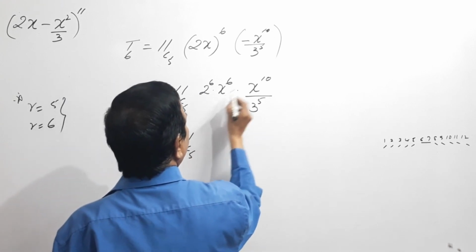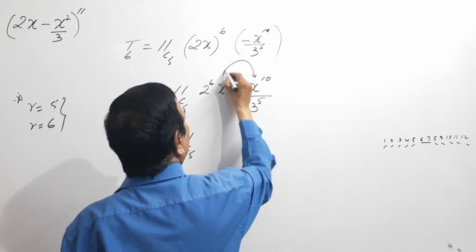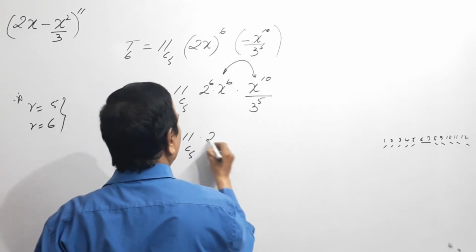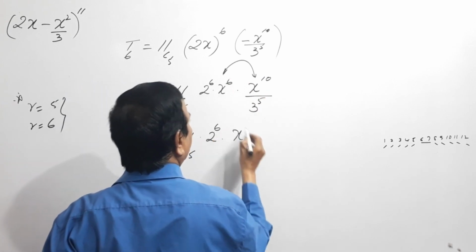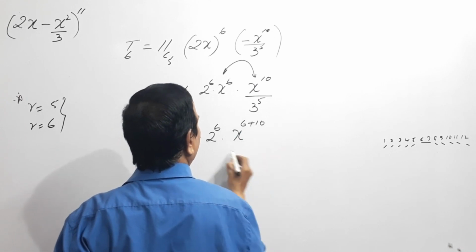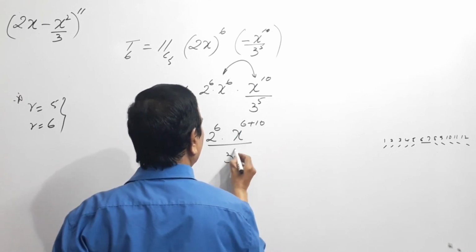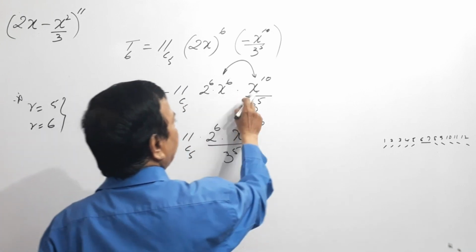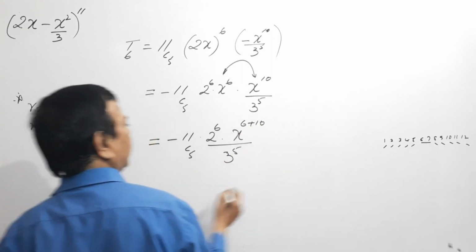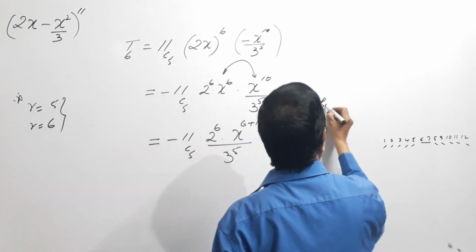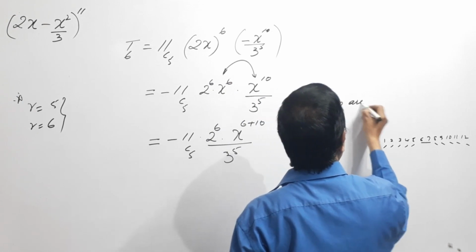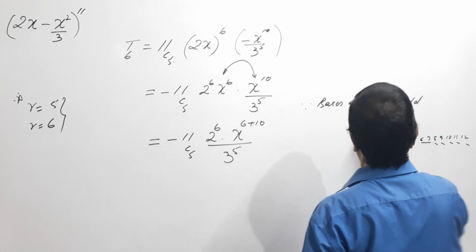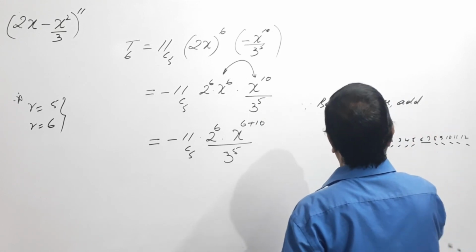You see these two numbers, the bases are the same, so add the indices: x to the power of 6 plus 10, divided by 3 to the power of 5. When the bases are the same, add the indices.